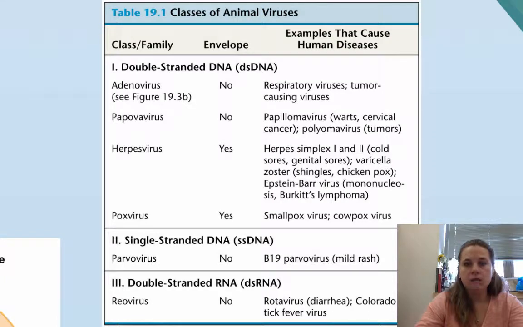You've got herpes virus. You've got simplex 1 and 2. Different types that cause shingles, and shingles and chickenpox are part of this class. And then you've got smallpox, and then single-stranded types, as well as double-stranded RNA types, which are your retroviruses.